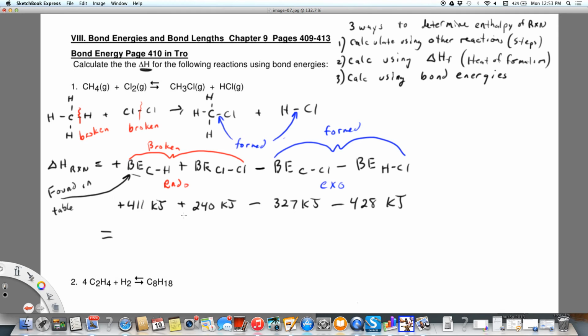When that is all added together, it comes out to minus 104 kilojoules. So energy is lost overall, and so that tells us that this reaction is exothermic. So we have used this third way, calculate using bond energies, looked up in the book, to determine the overall change in enthalpy for the whole reaction.